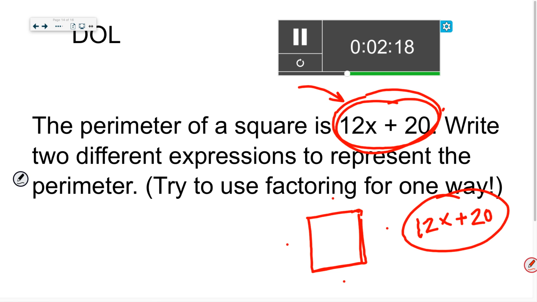So we're rewriting that 12x plus 20. How can we rewrite that? Oh, Tuesday. I'm sorry. Today's not Monday. It doesn't matter.